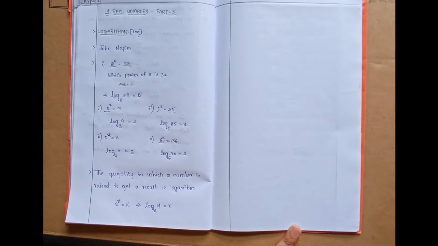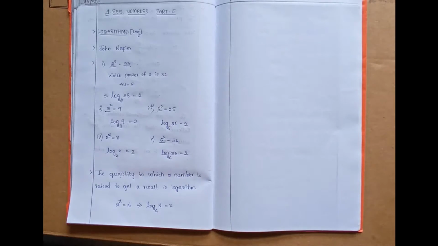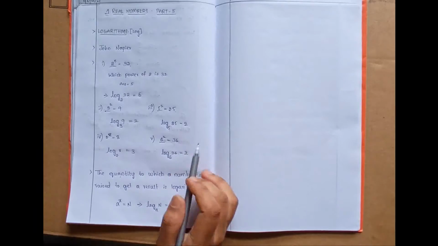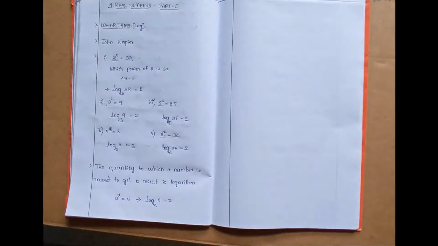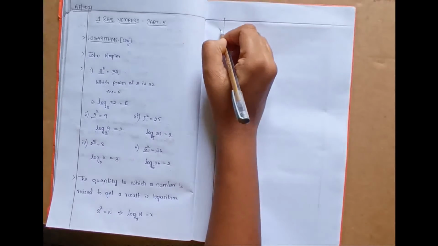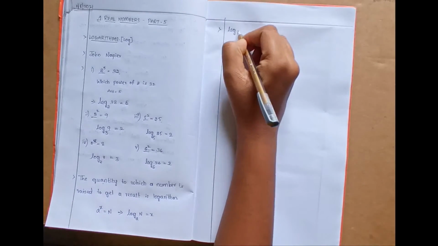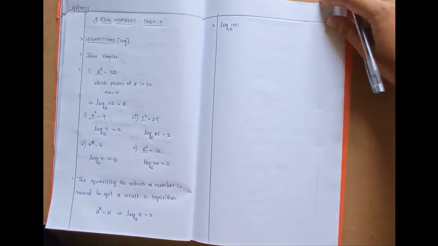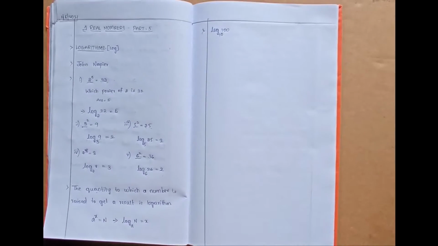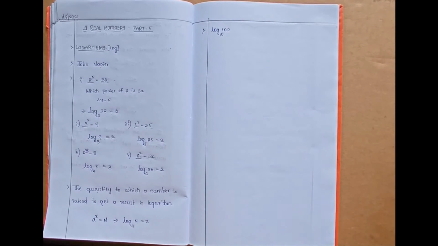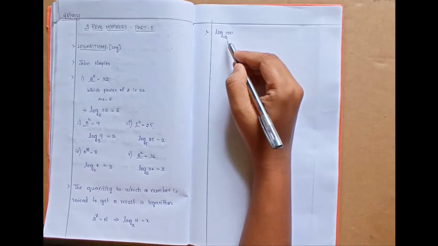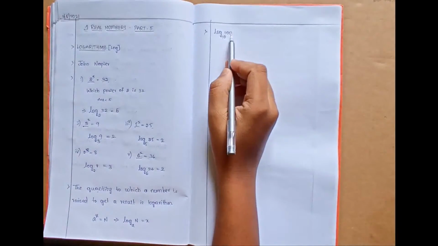Do you understand? So now let's do the reverse, meaning let's take logarithmic numbers and find the exponential forms. Let's take the first one, log 100 to the base 10. Here we should find how many times 10 is raised to get 100.